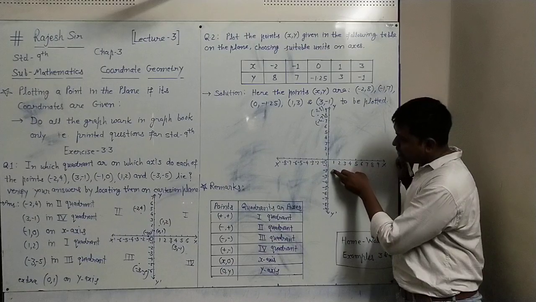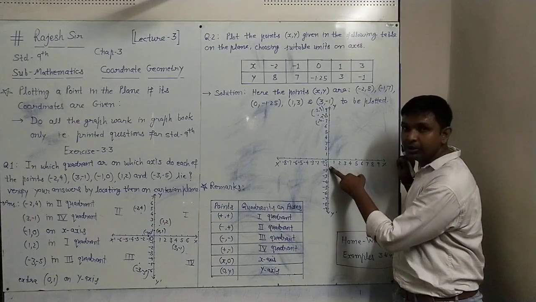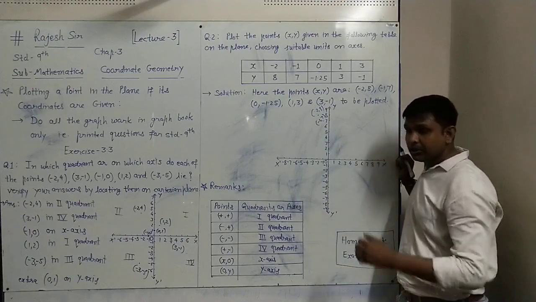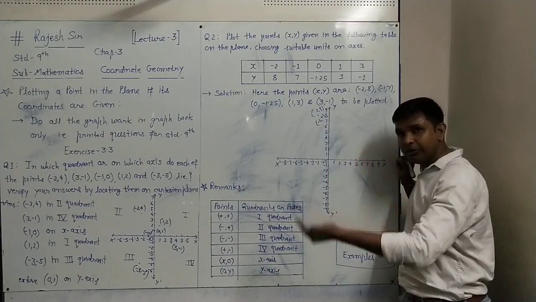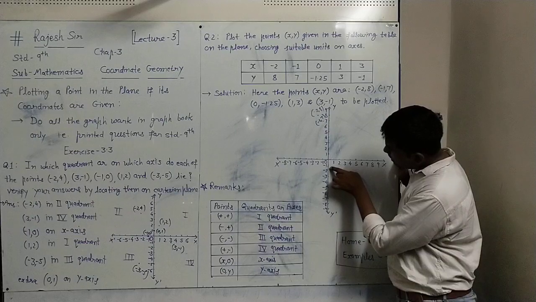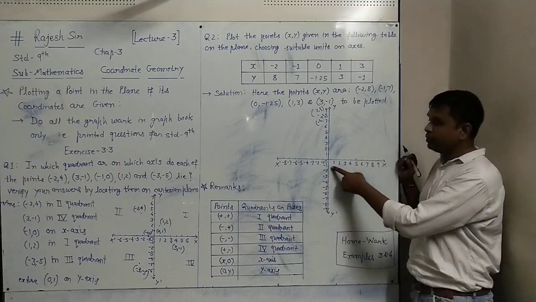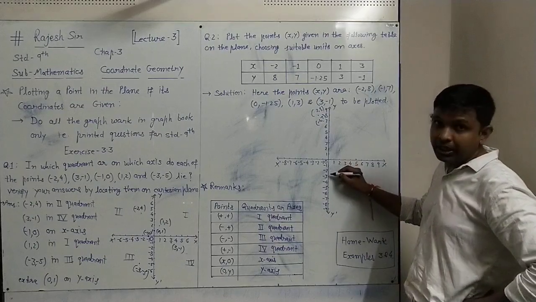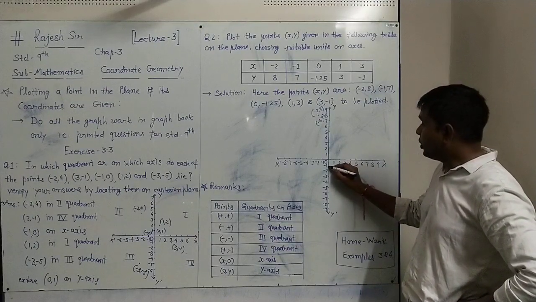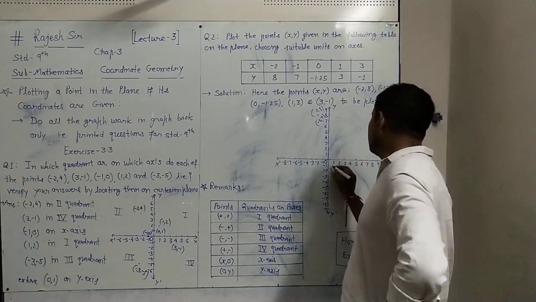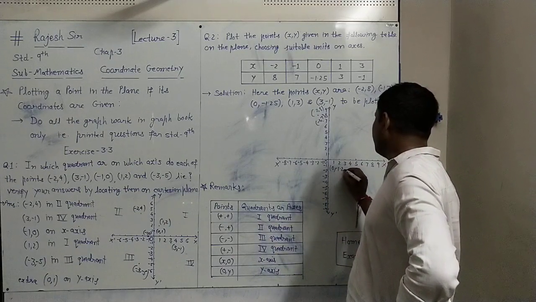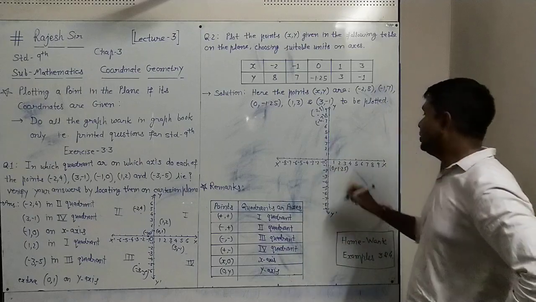It is between minus 1 and minus 1.5. Means after minus 1, a fourth part of the distance between minus 1 and minus 2. This point shows 0, minus 1.25.